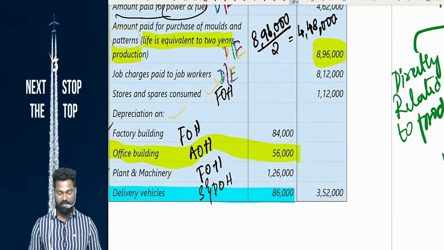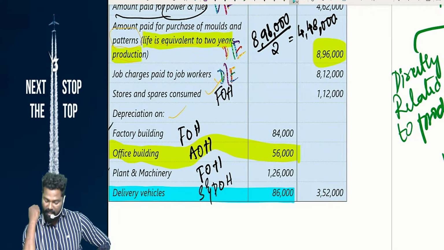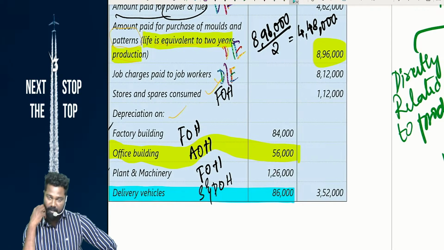Lastly, tell me, what is the cost of sales? Total cost 11 crores.